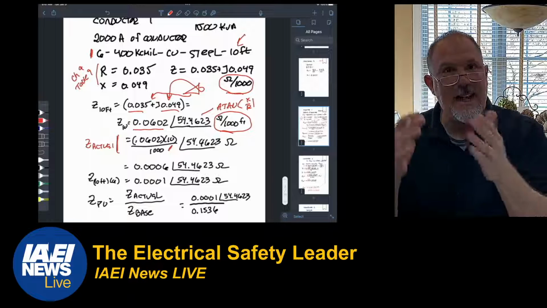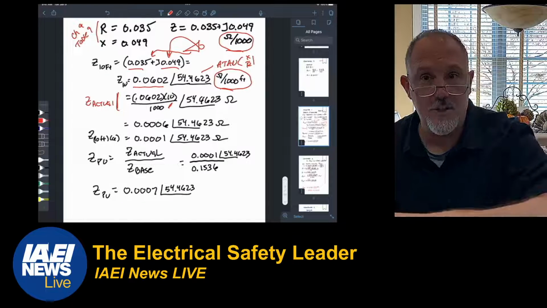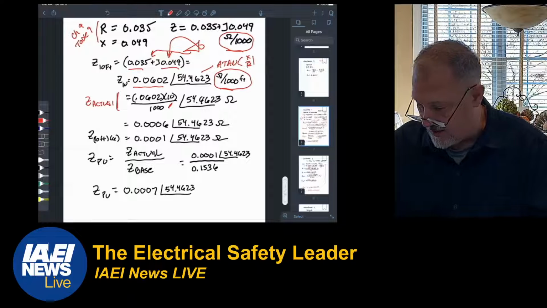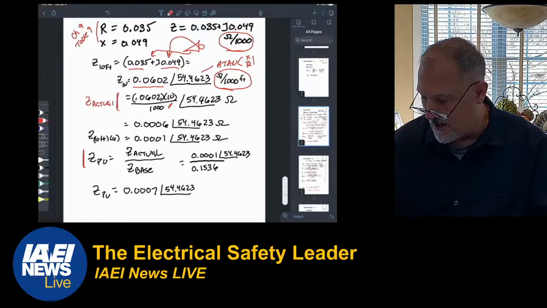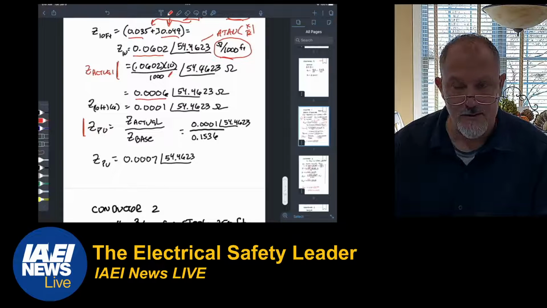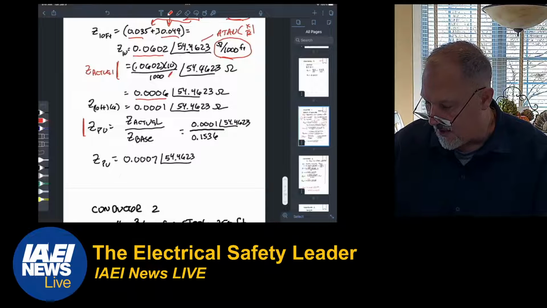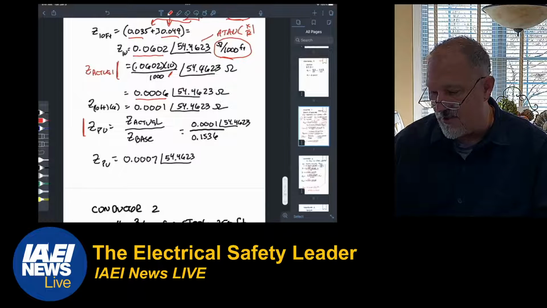All right, so Z actual. And how do I know what is per unit? Is it Z actual over Z base? Z actual is 0.0006 at an angle of 54.4623. How did I get to 0.0001?